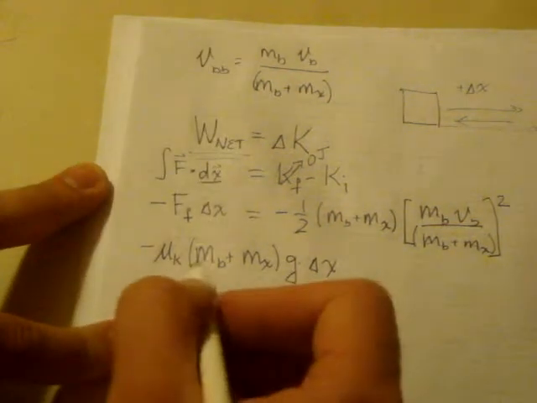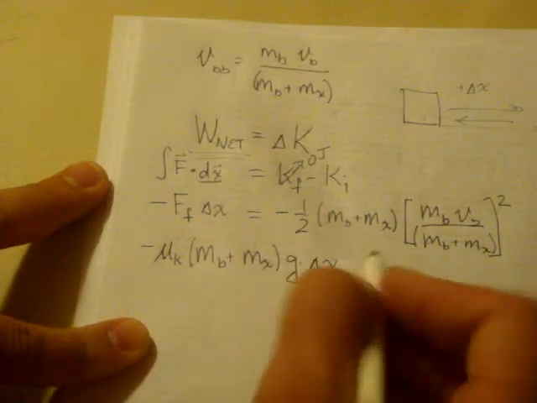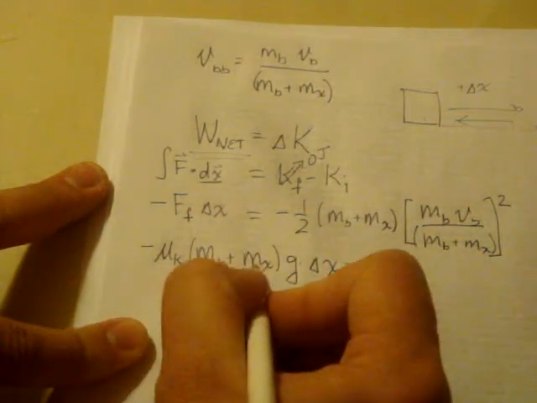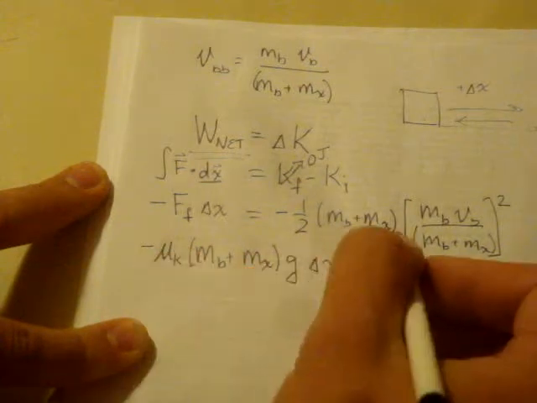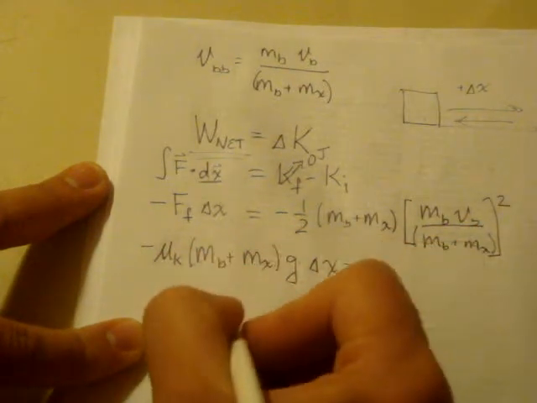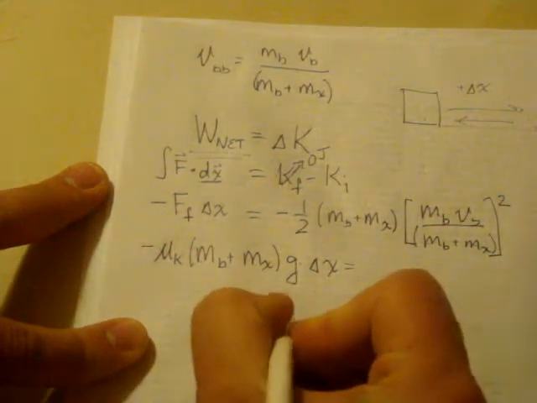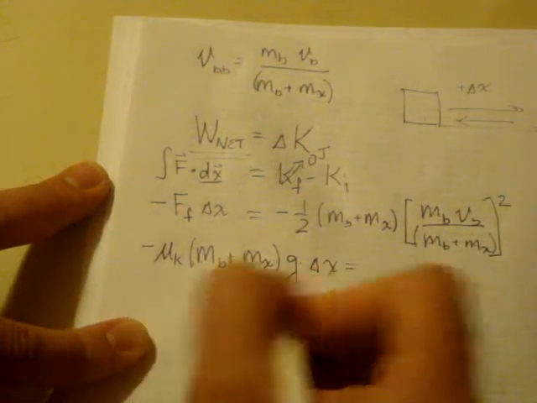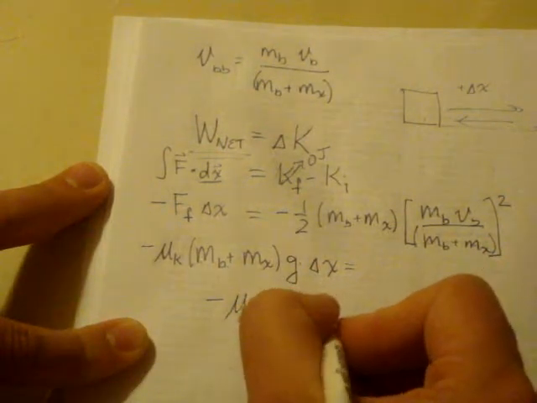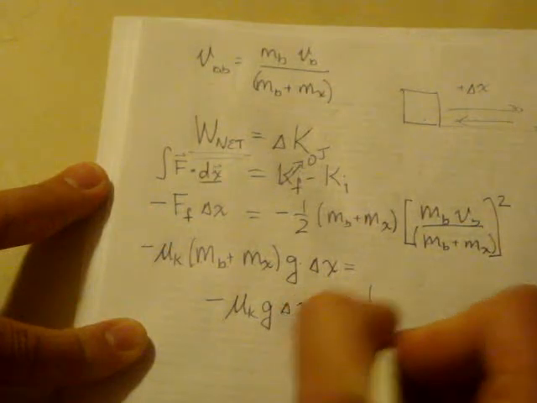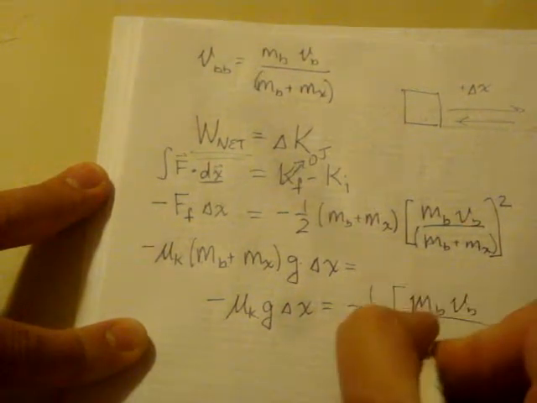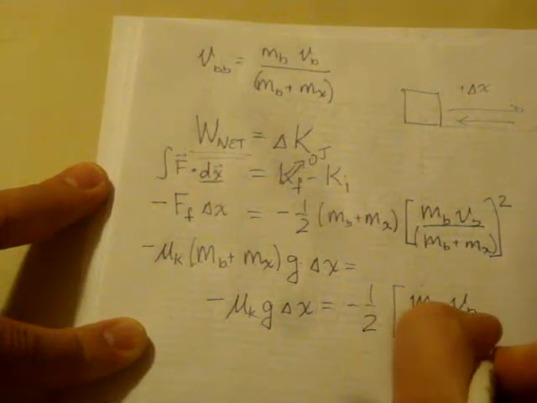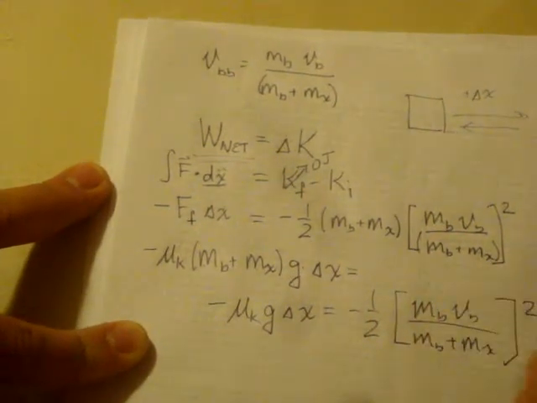We can see from just looking at it that there's an mb plus mx and an mb plus mx here, both multiplied. So if we divide by that, those things will drop out, right? So on the left side, we just get negative mu k g delta x equal to negative 1/2 mb vb over mb plus mx quantity squared.